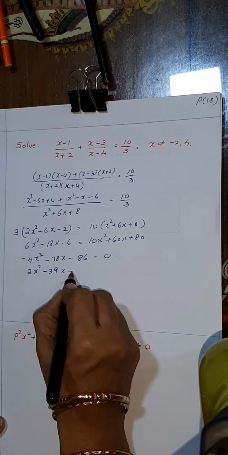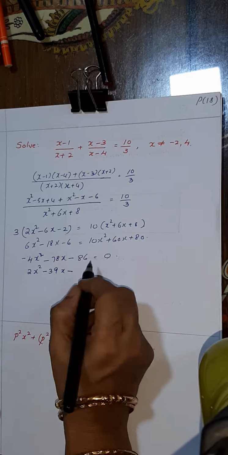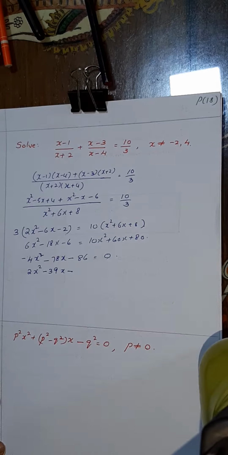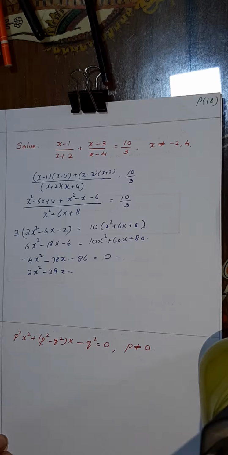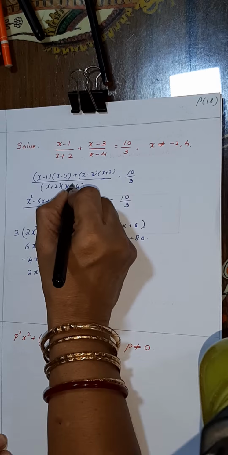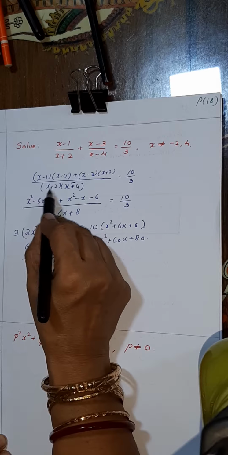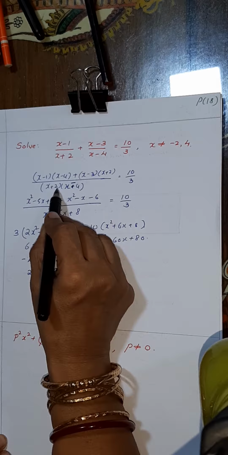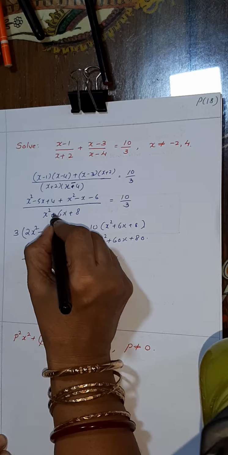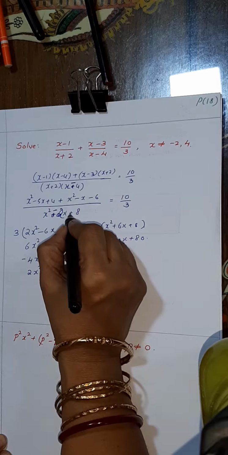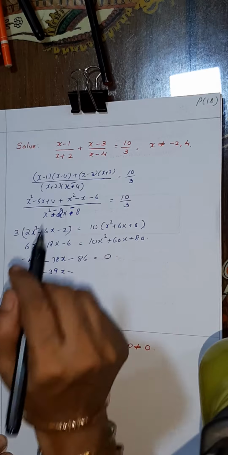Next is another equation with x minus 4. Here the answer will become x squared minus 4x plus 2x, so this will become minus 2x minus 8, and this will become minus 8.